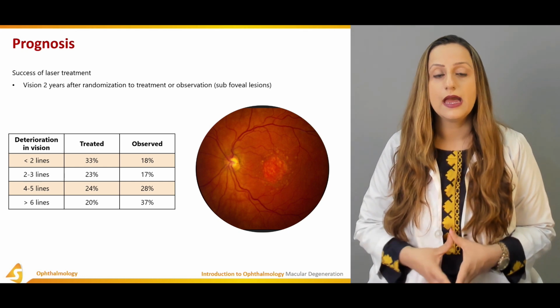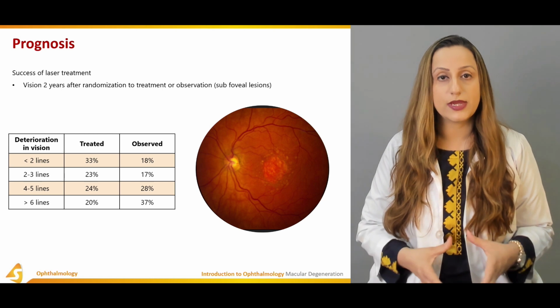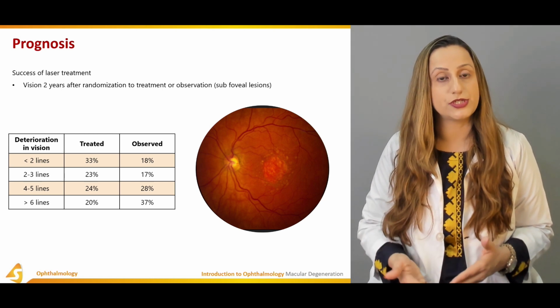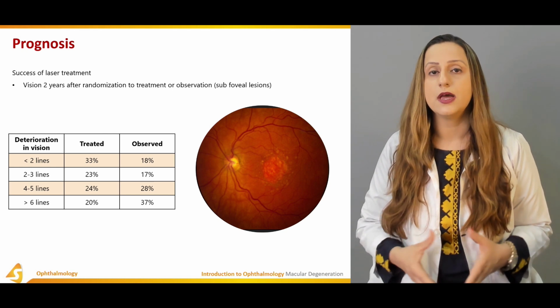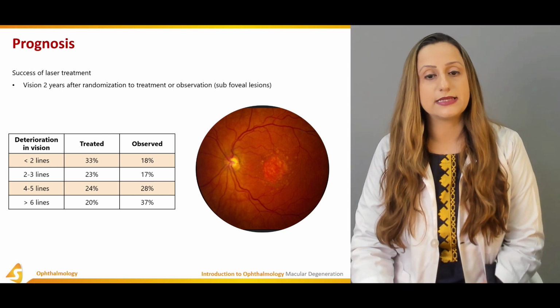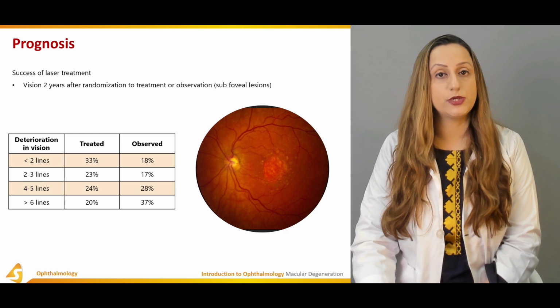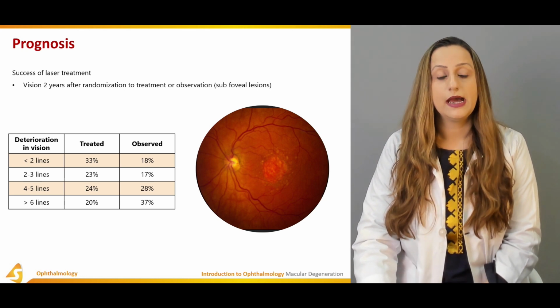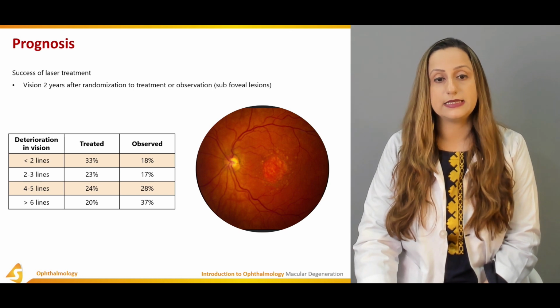So this is the normal success rate for laser treatments performed for macular degeneration, and vision 2 years after randomization to treatment or observation, and the subfoveal lesions, are very important when we are discussing these individuals.